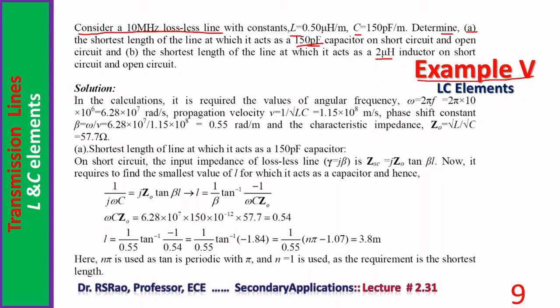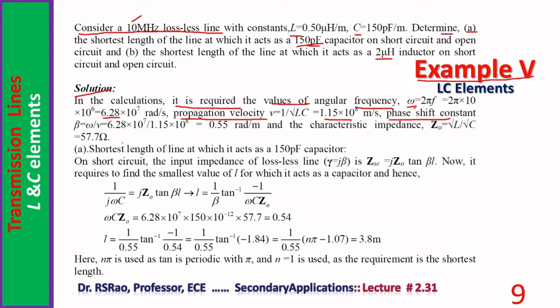Now let us go to the solution process. In the calculations, the value of angular frequency is required. So f is given, so omega is calculated, found equal to 6.28 into 10 power 7 radians per second. Propagation velocity v is 1 by root LC, so v is 1.15 into 10 power 8 meters per second.